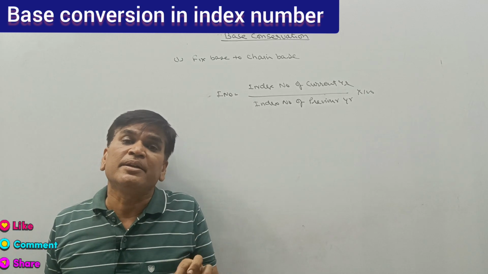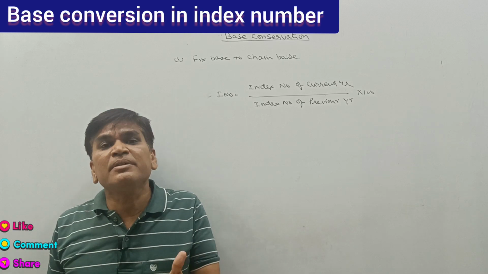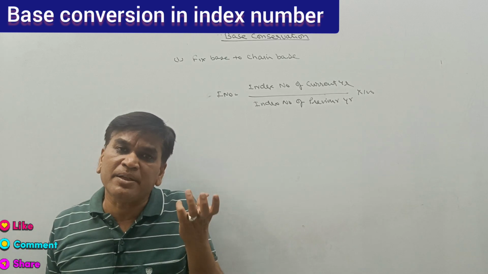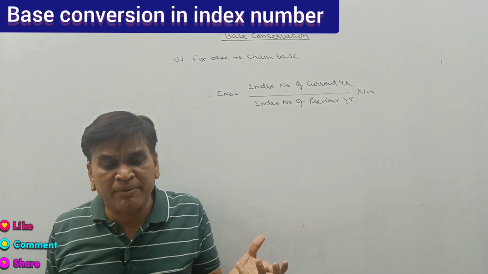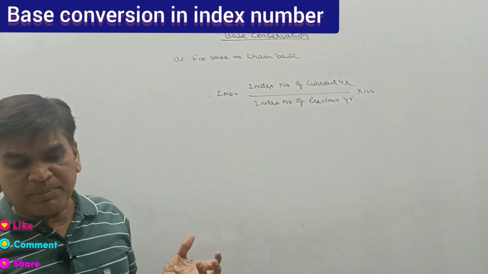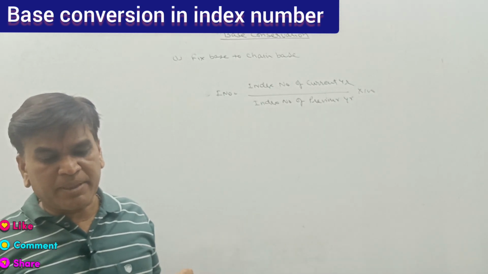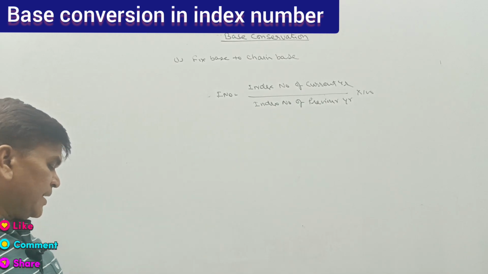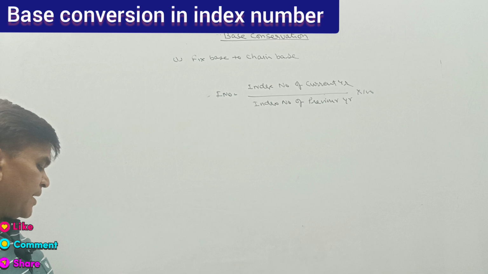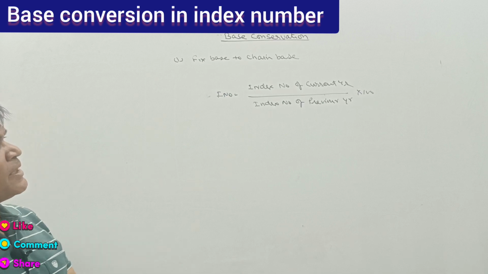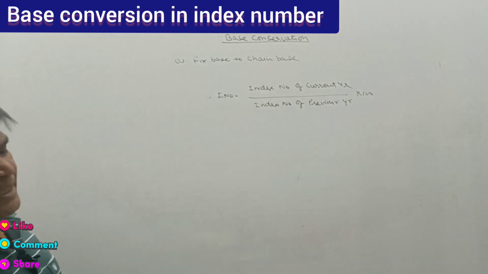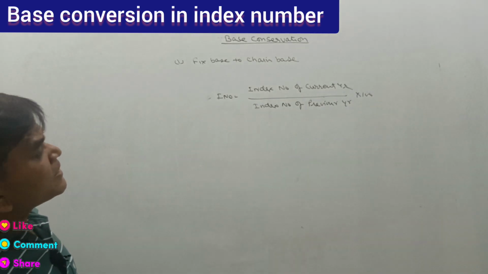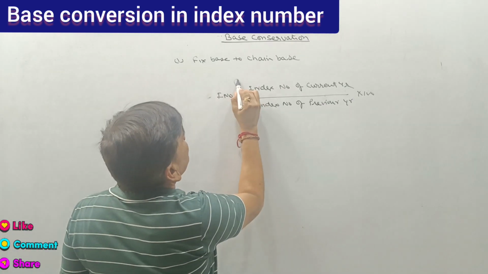Then similarly for the next index number, we take the index number of the current year divided by the index number of the previous year. So the formula is: current year fixed base index number divided by previous year fixed base index number, multiplied by 100.